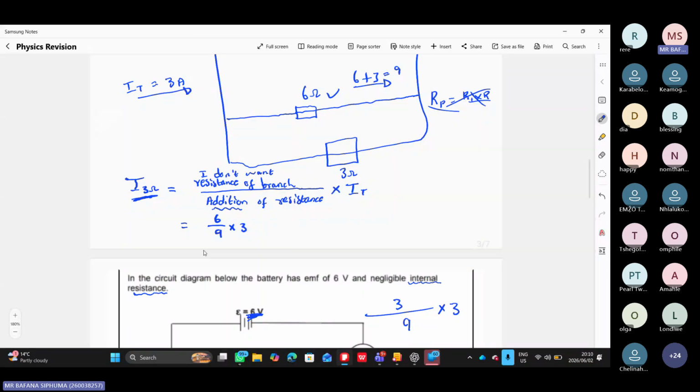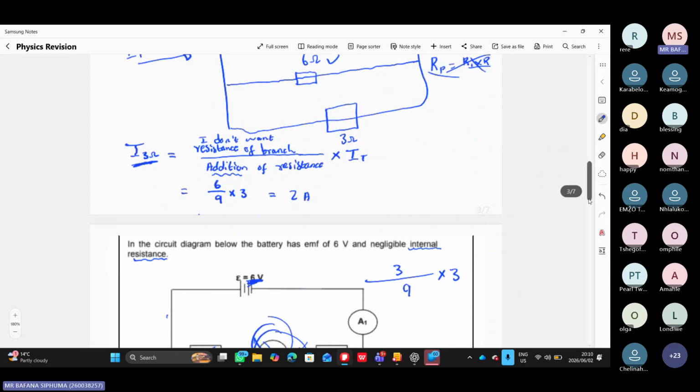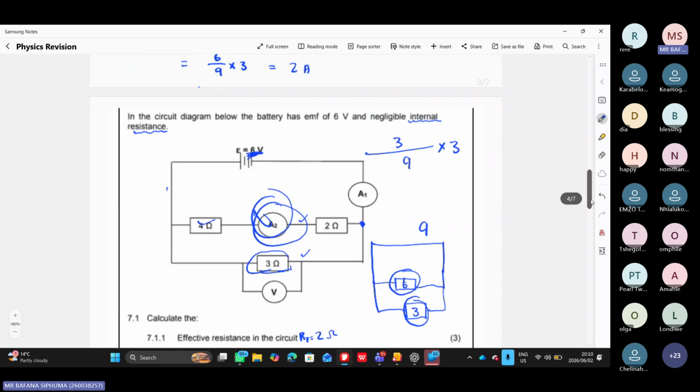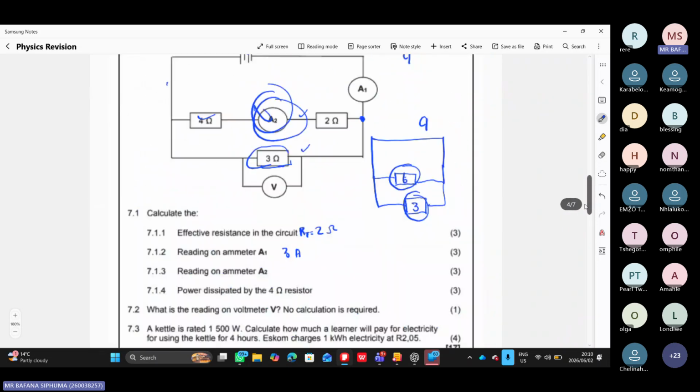What answer will you get here? I think it's going to be 2. Yes, it has to be 2. So which means if you don't want to go along with this way, you can still use Ohm's law.